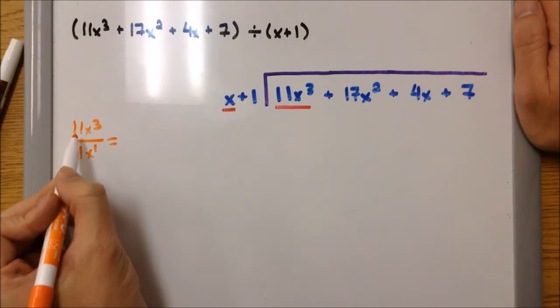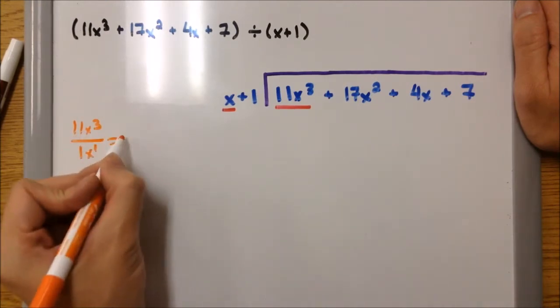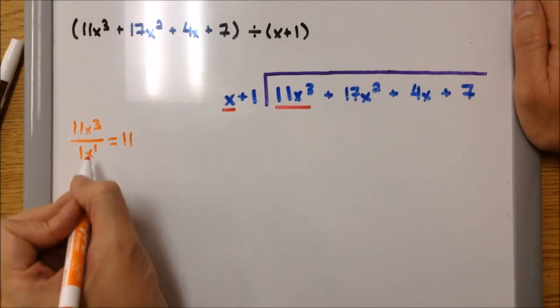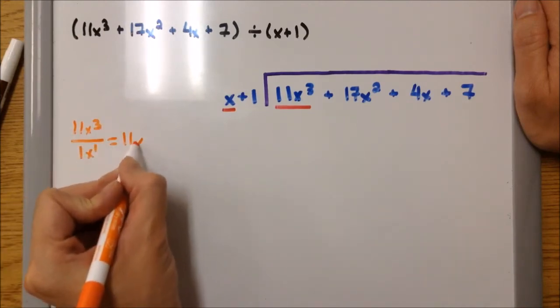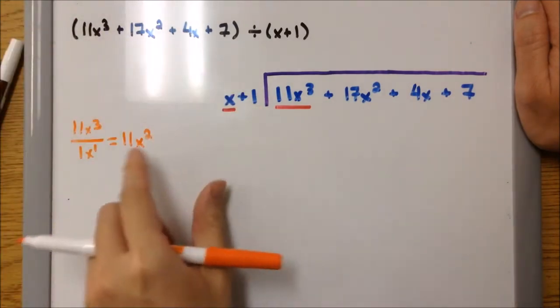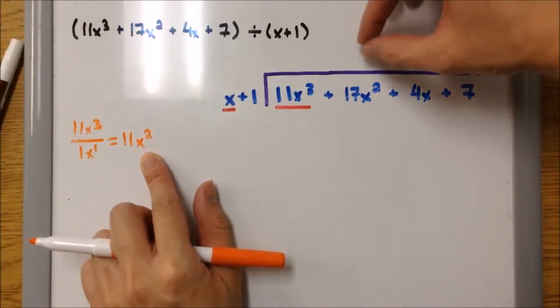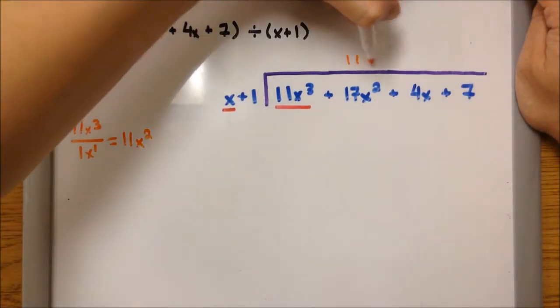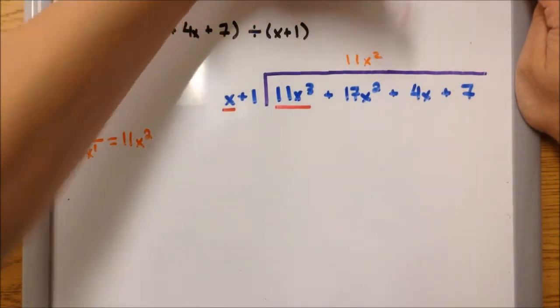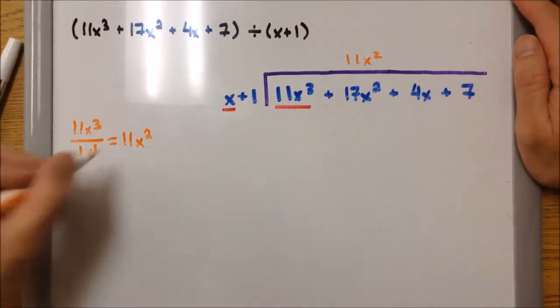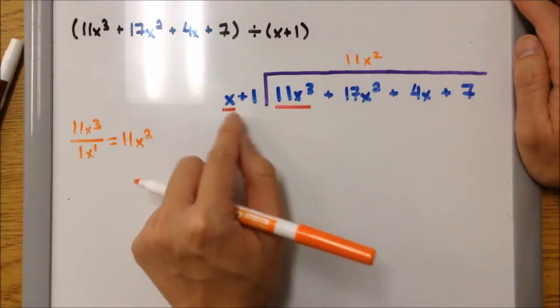If we look at the coefficient, 11 divided by 1 is just 11. And then x to the third divided by x to the 1 is simply x squared. So I'm just going to write 11x squared over here. What I'm going to do is multiply that 11x squared to that x plus 1.